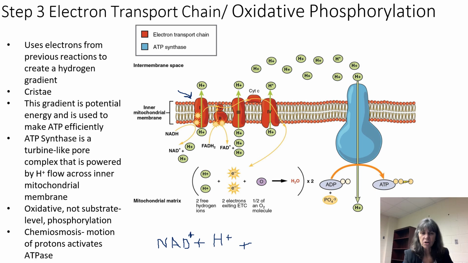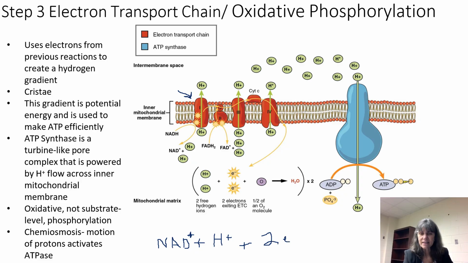It's positively charged because it's lost one electron. So if it loses negativity, it becomes positive. We also have a free hydrogen ion that is positively charged because it's lost its electron. And if we've lost 2 electrons in this process, then we're going to have 2 free negative electrons.